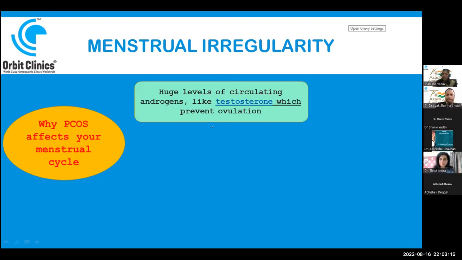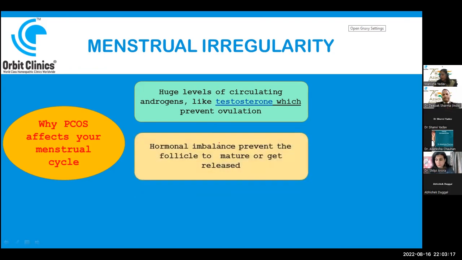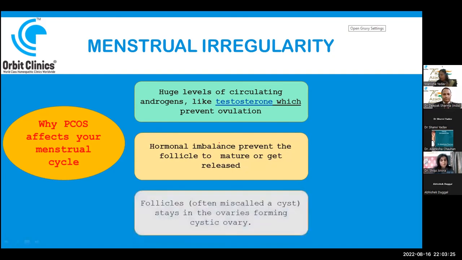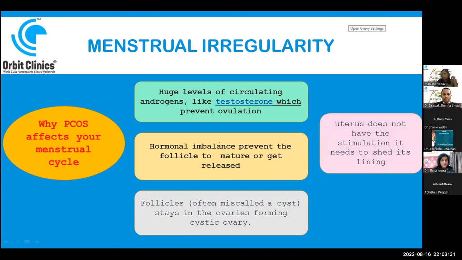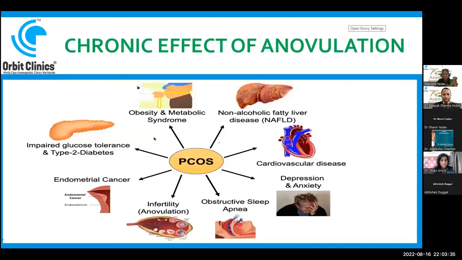They will call it anovulation or hormonal imbalance. LH-FSH disturbance also prevents the maturation and ovulation, and they will all lead to collection of these immature follicles inside the ovary, and finally the uterus will not get that signal to set the lining. And then this is the immediate effect.